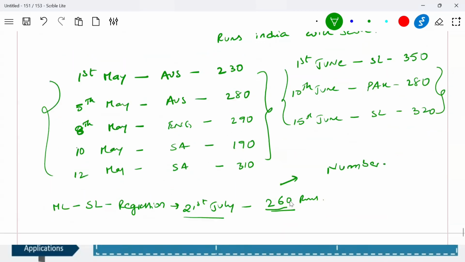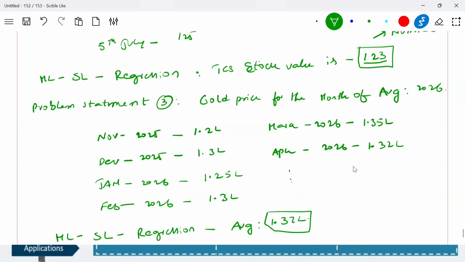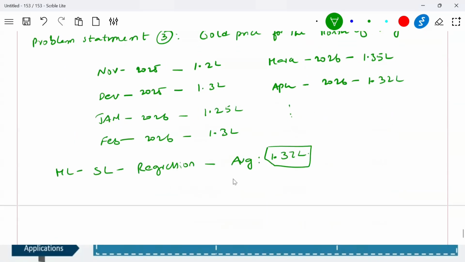Okay. So come here. What is the TCS stock value going to be? We predicted it is going to be 123. So what is this? This is a number. And if you come here, what is the gold price going to be in the month of August? This is a number.